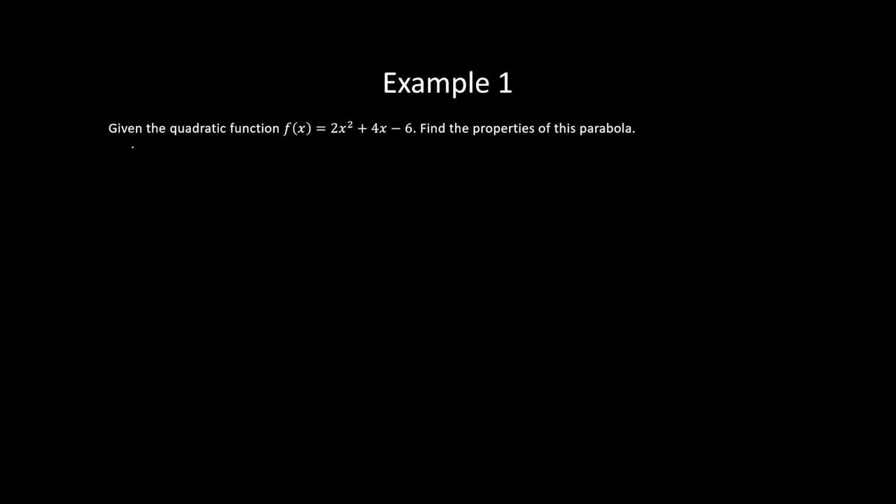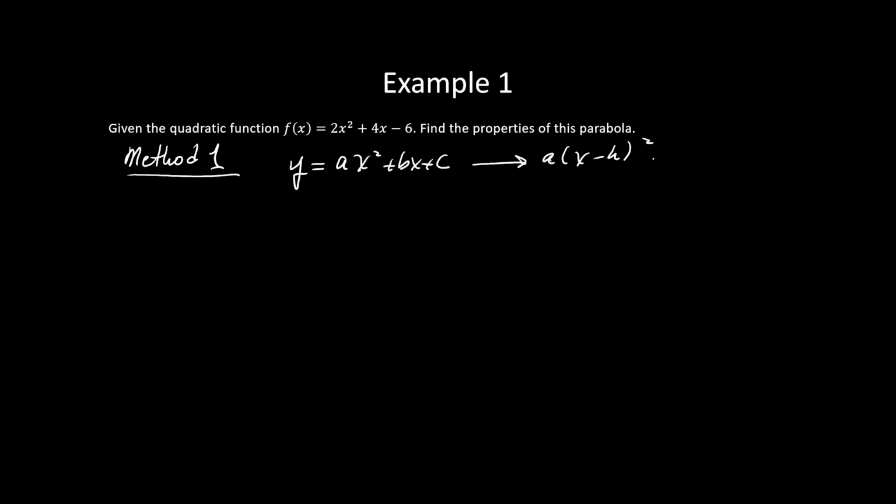So first of all, we do completing the square, method one. If you recall method one, we take y equals ax squared plus bx plus c, and we write it as a times (x minus h) squared plus k. h in this case is negative b over 2a, and k is the function evaluated at h.